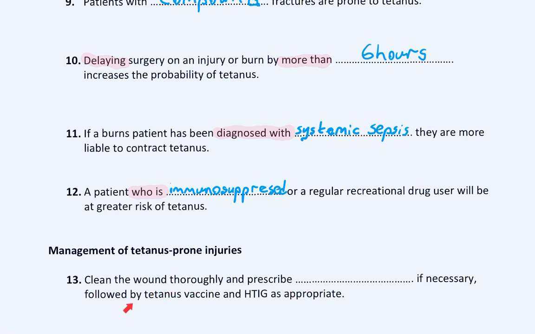All right? We are talking about what? Management. So we go to the treatment guideline. Then we look for something that is connected with tetanus vaccine and HTIG. Okay, so something that is missing here. Then before you can do this, you can give tetanus vaccine and HTIG.